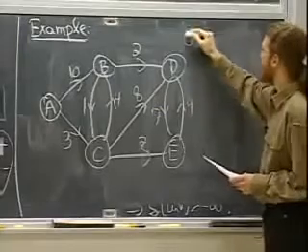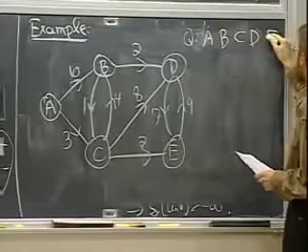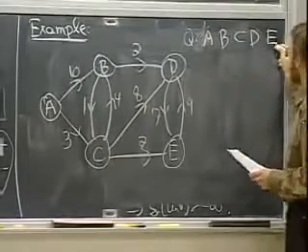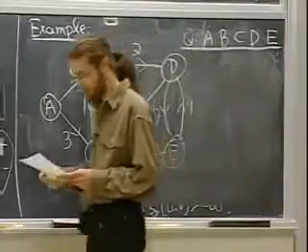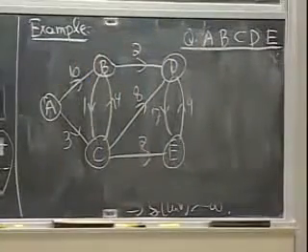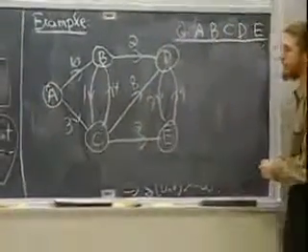Okay, and I want my priority queue over here. And I'm also going to draw my estimates. Okay, now I don't want to cheat. So we're going to run the algorithm on this graph.